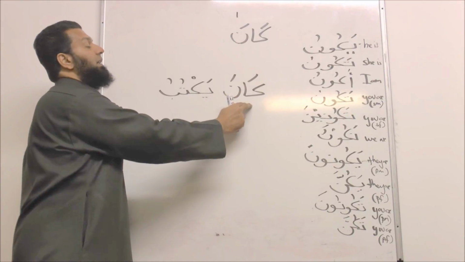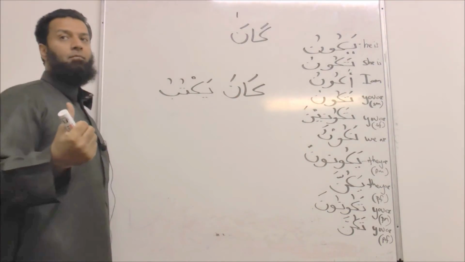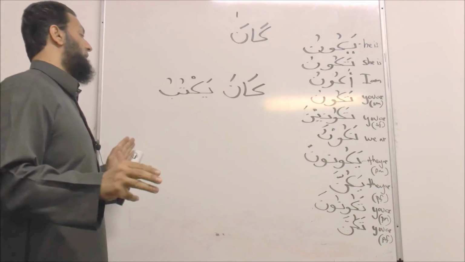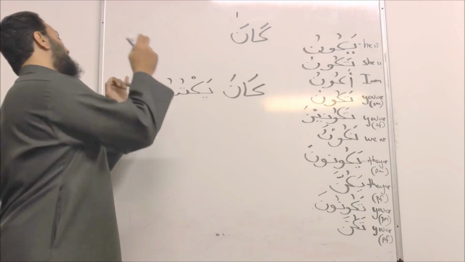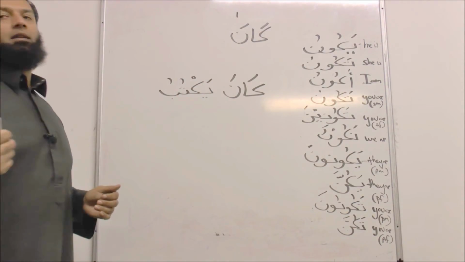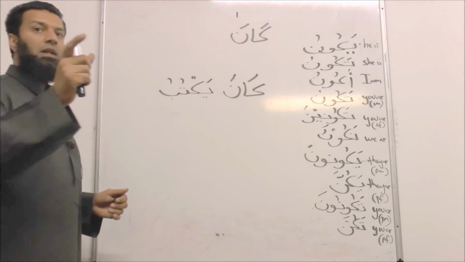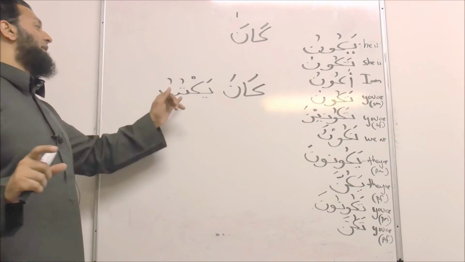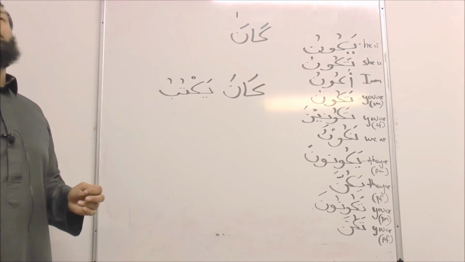But we have Kaana before it, which means he was. Right? And as I said, Kaana before a verb in the present tense changes its meaning with regards to time. So yaktubu means he is writing.